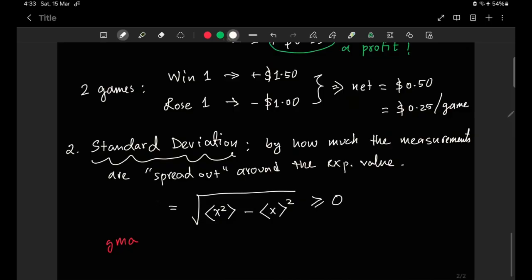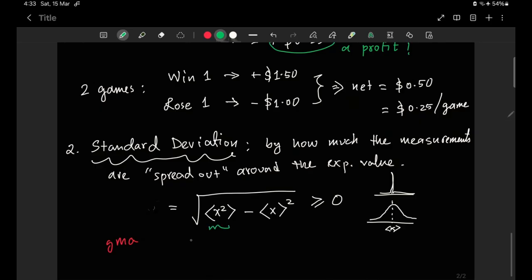If the standard deviation is 0, that means there is no spread, and maybe the data looks something like this, like a delta function. If it's greater than 0, then the data is spread around like that. So this may be your expectation value. Okay, so how do we calculate the expectation value of x squared?